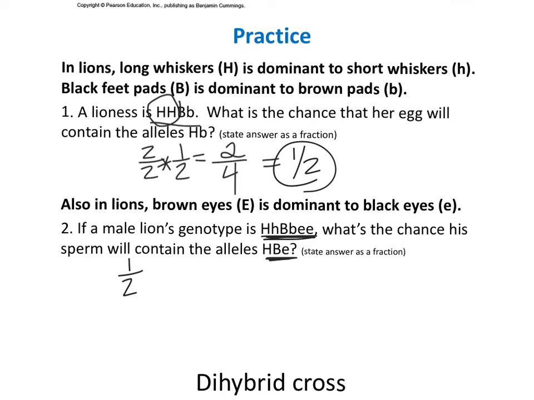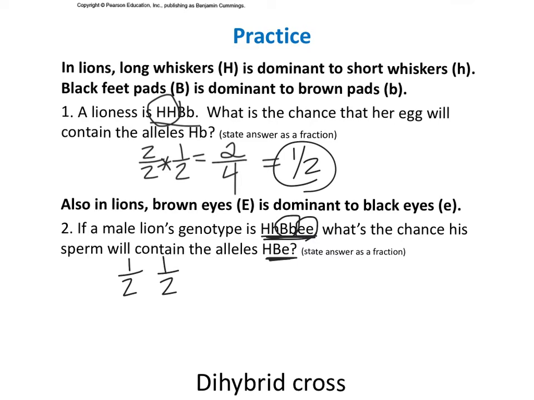The chance of him passing on big B is again a 50-50 shot. He's got a big B and he's got a little b, so the chance of passing on a big B is a half.